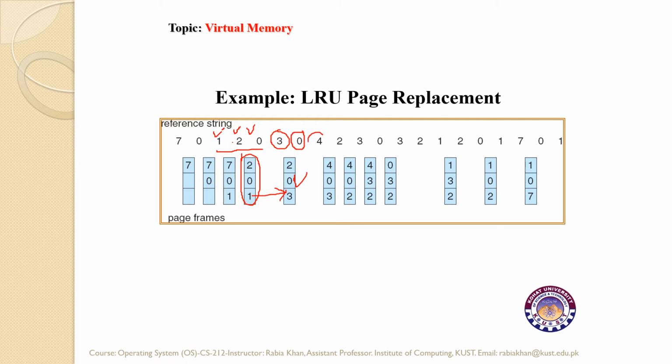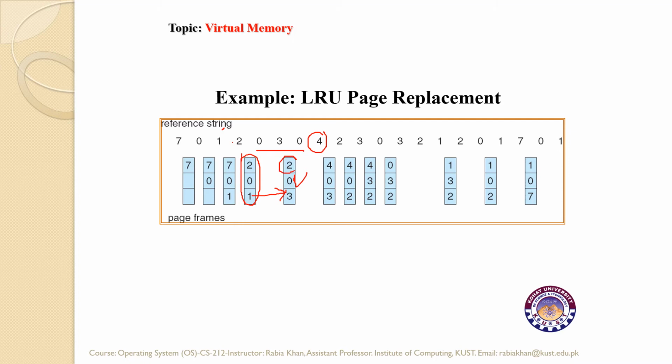Next reference is page number 4. So again, what we have to do is to make a look back. So a look back of 3 frames is created here, that includes page numbers 0, 3 and 0. 0 is intensively used in the past, so we cannot replace it. 3 is also used in the past, so the only option we are left with is page number 2.